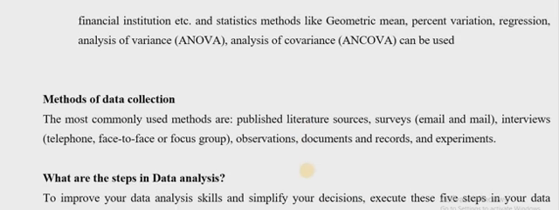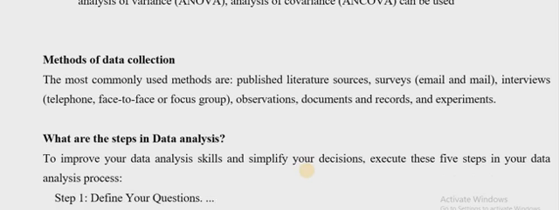Alright. Now, what are the steps in data analysis? To improve your data analysis skills and simplify your decisions, let's go through these 5 steps in your data analysis process. Step 1. You have to define your question, what to do, and where exactly you are going.